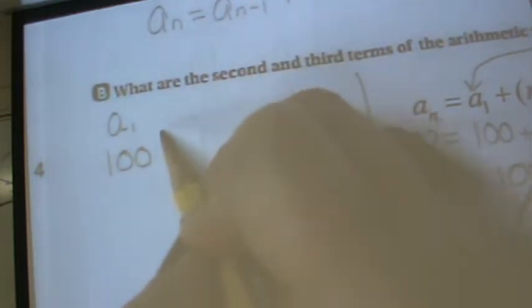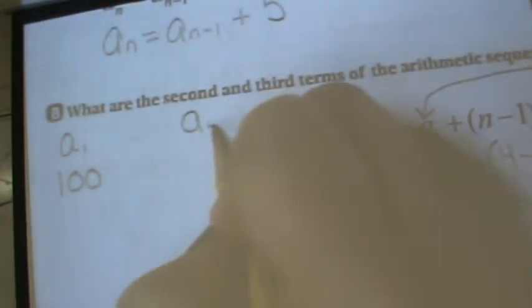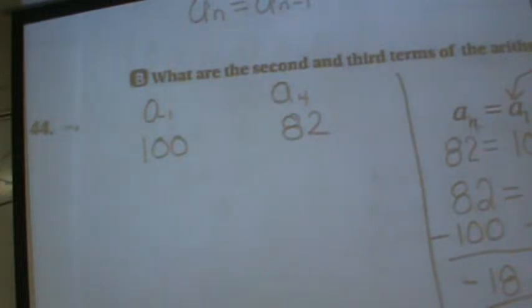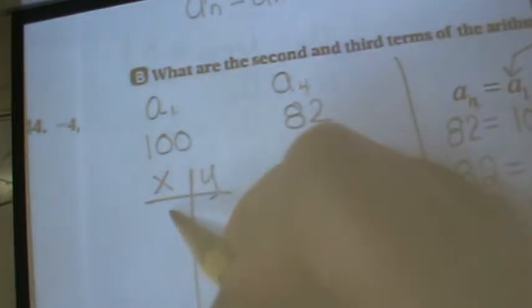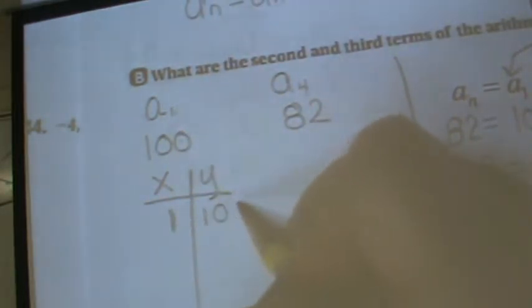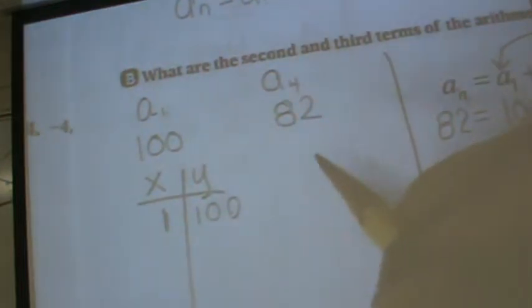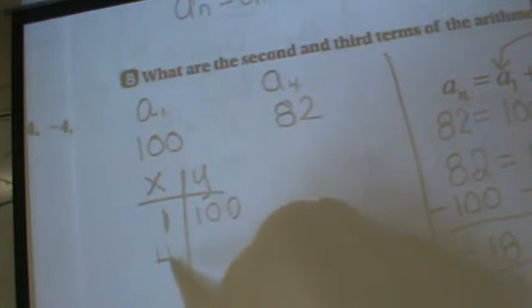We don't know what the second term was, we don't know what the third term is, but the 4th term is 82. If you treat these subscripts like they're x values, like this is an ordered pair: 1, 100, and 4, 82.